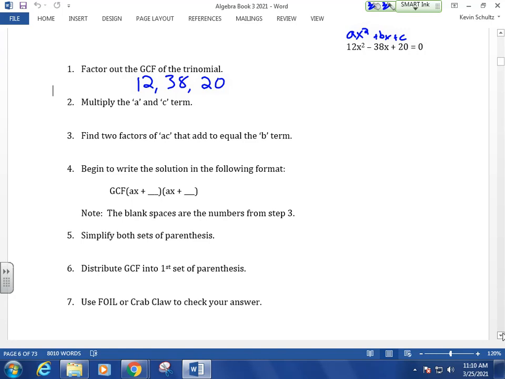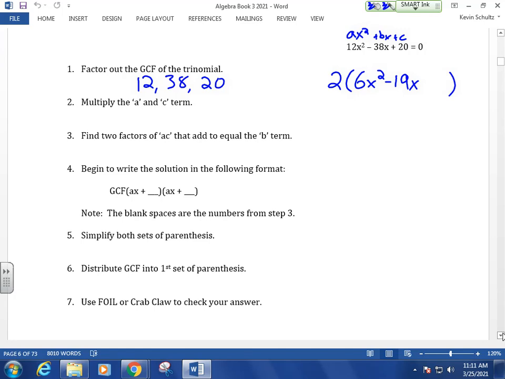And when we say factor out that greatest common factor, it means that we're dividing each term by 2. Kind of the reverse distributive property, similar to what we did in CO47. So 12x squared divided by 2 gives us 6x squared. Negative 38 divided by 2 is a negative 19x.